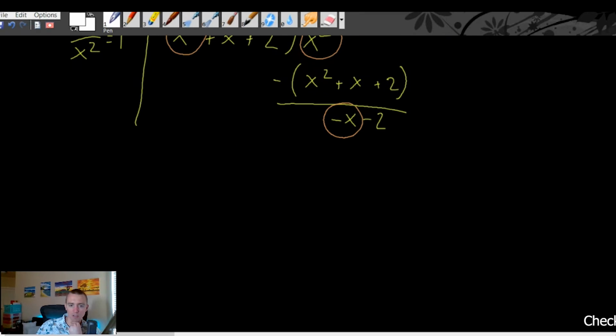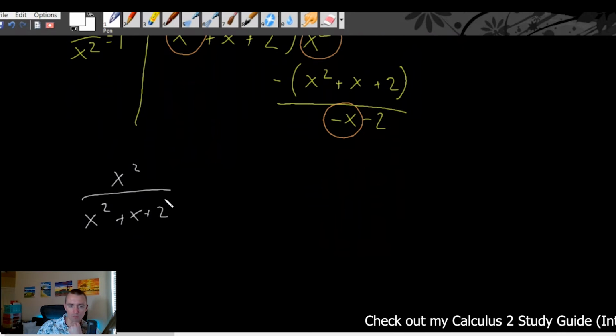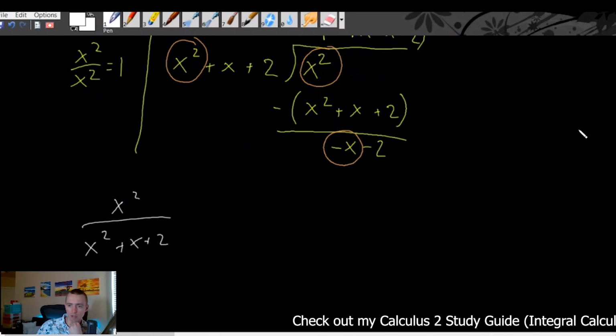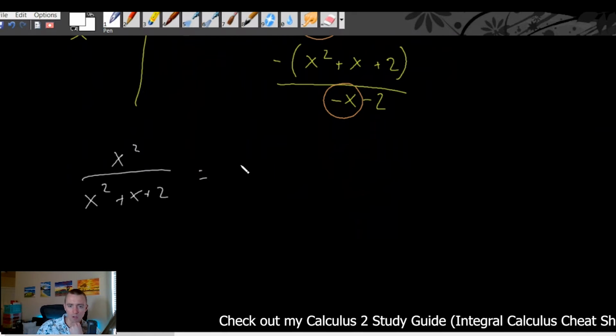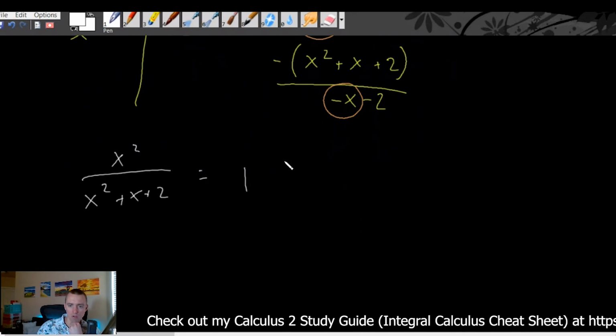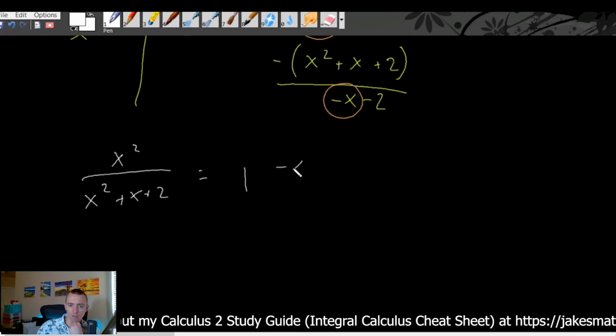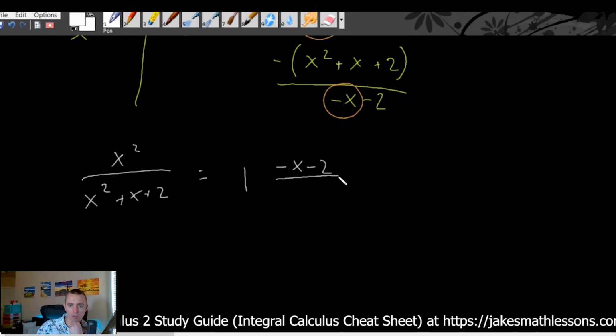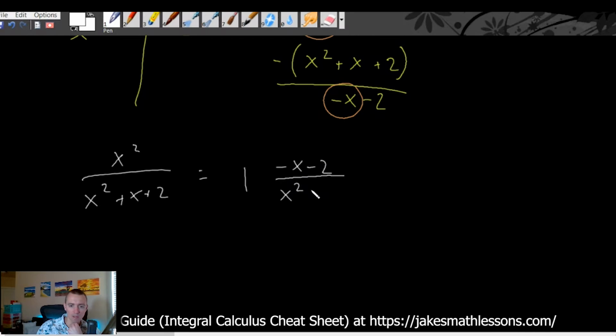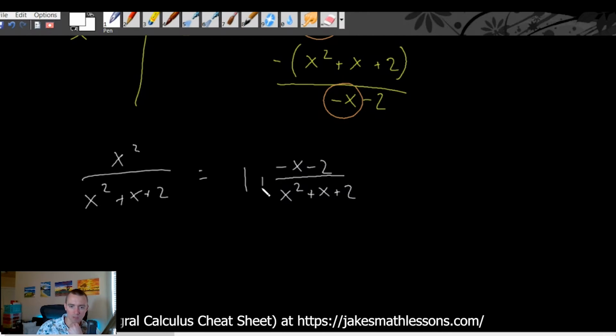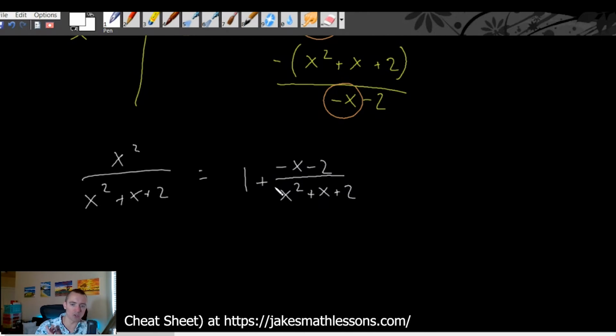So this original fraction we started with, x squared over x squared plus x plus 2, when we divide x squared by this, we get 1 with a remainder of negative x minus 2, which means it's still being divided by x squared plus x plus 2. And then we just have the addition there. So that long division told us that this fraction here is equivalent to this expression here.